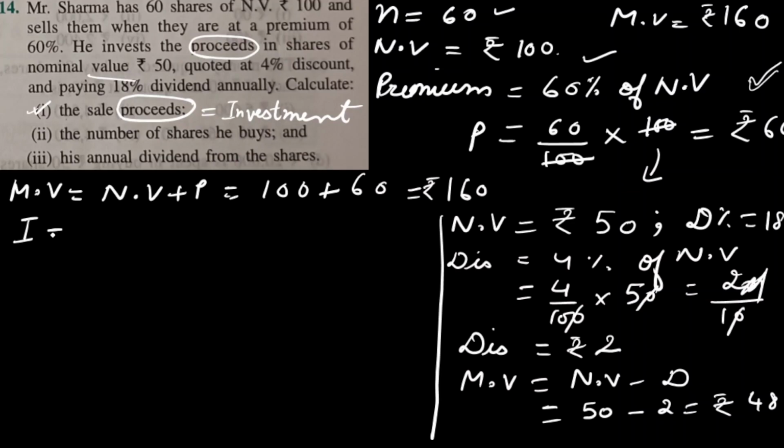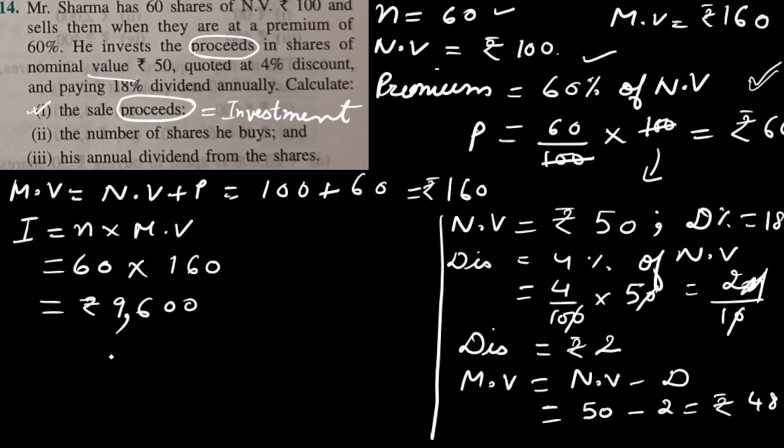So the investment formula is number of shares into market value. This is for the first case. Number of shares is 60. Market value is 160. When you multiply this, you get 9,600. Okay, so this is the sale proceeds. Sale proceeds means investment, right?